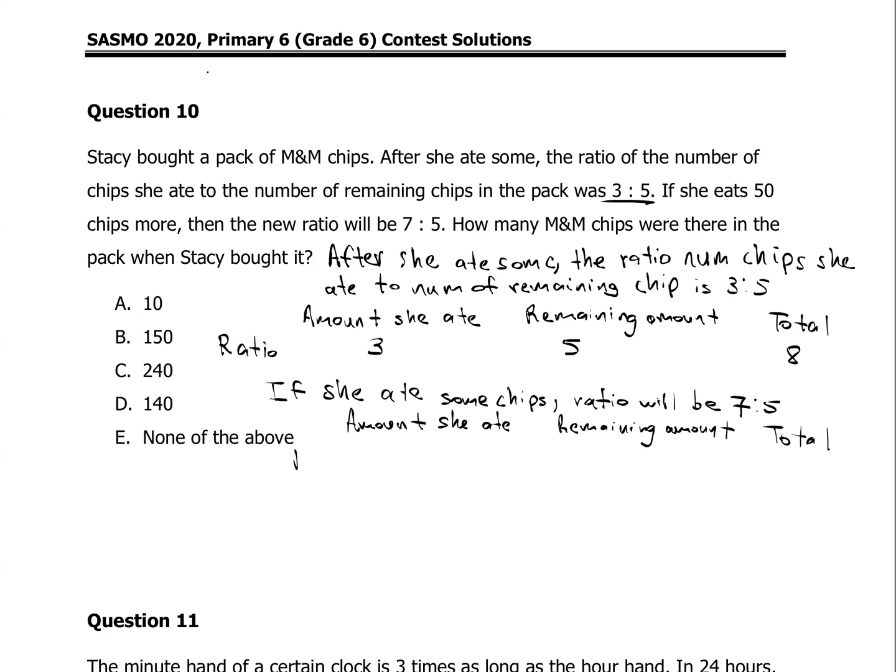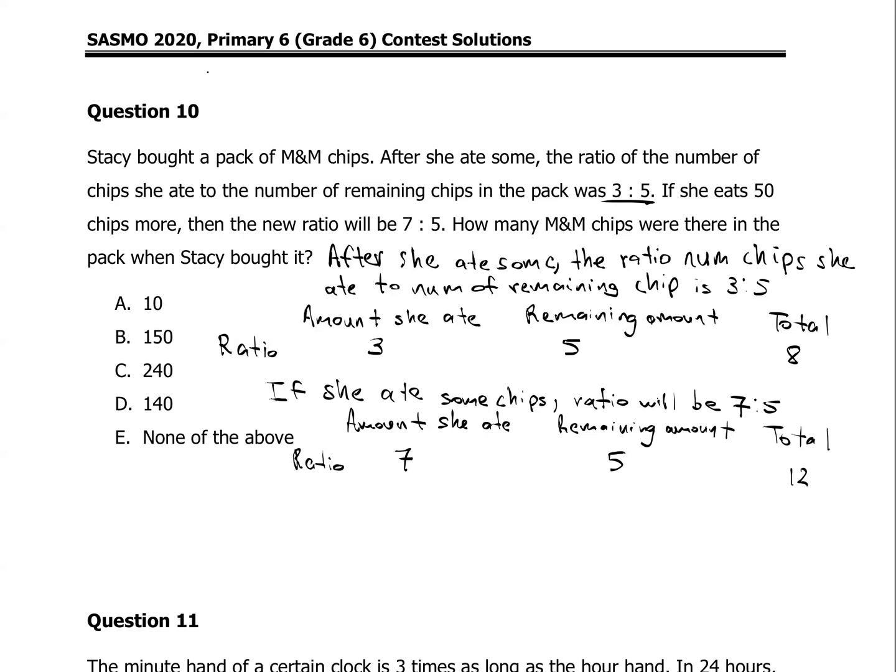So amount she ate is 7. The remaining amount of chip is 5, and the total is 12. So then we know that the total, because as we calculate both the amount she ate and the remaining amount, the total amount of chip there is always stay the same.